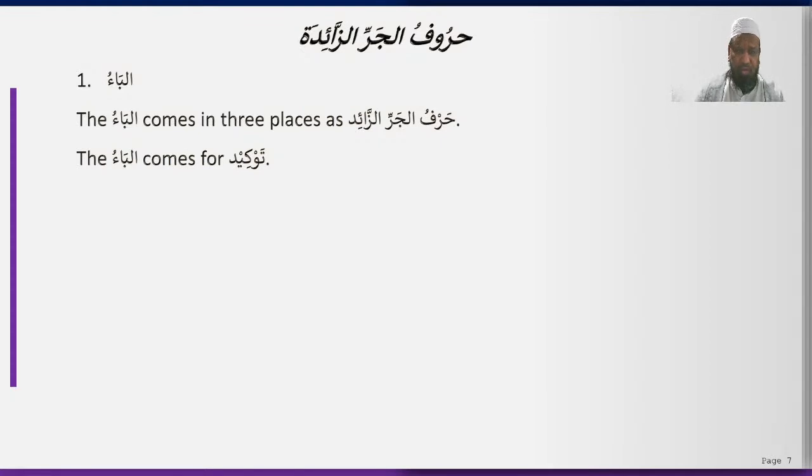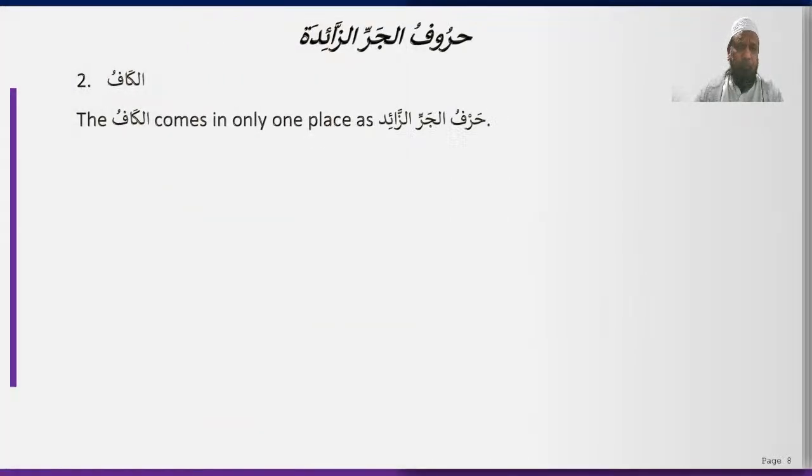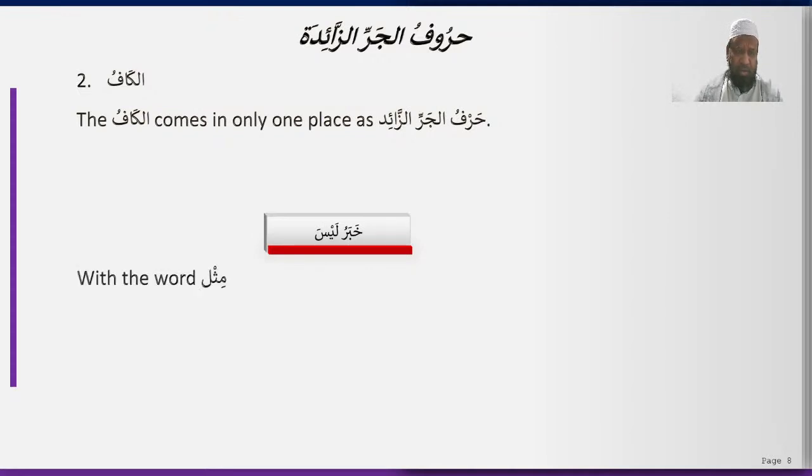الباء, the ba comes in three places as حرف الجر الزائد. The ba comes for توكيد. Number one place, خبر ليس. Number two, خبر ما المشبهة بليس. And number three, the فاعل of the فعل كفى. Al-Kaf comes only in one place as حرف الجر الزائد: خبر ليس, and it comes only with the word مثل.